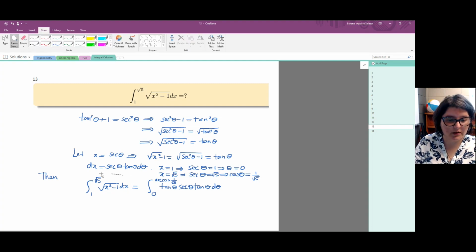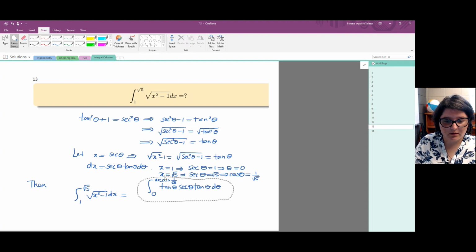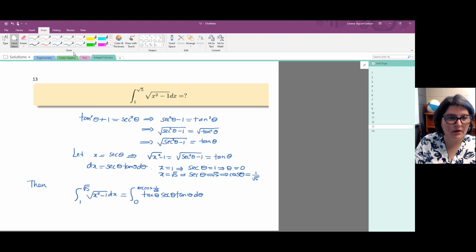Let me write that over here. Make some room. There you go. So theta is the inverse cosine of 1 over root of 5.